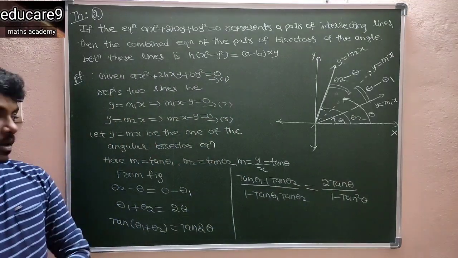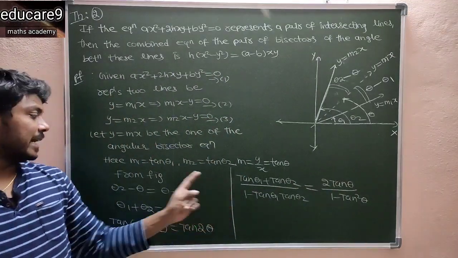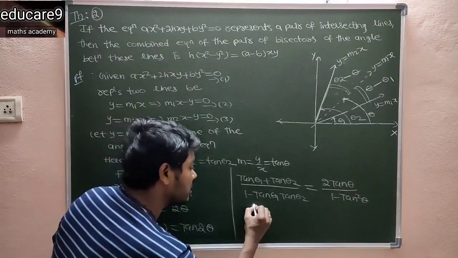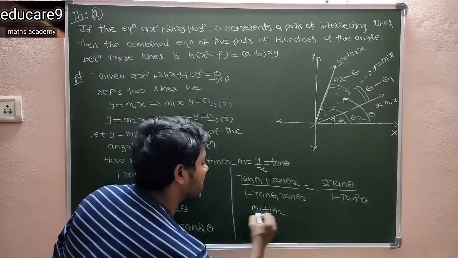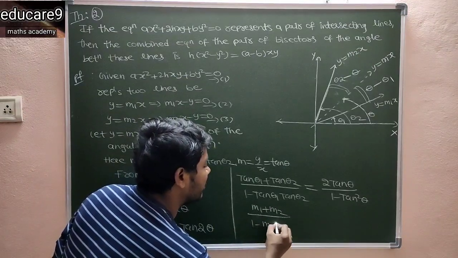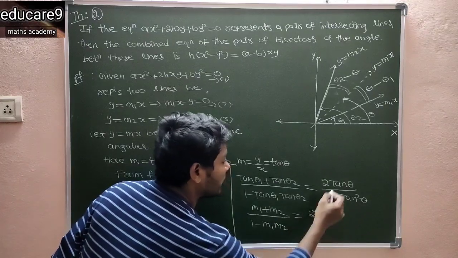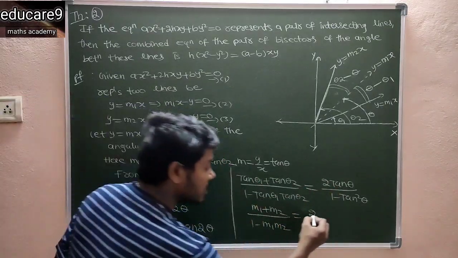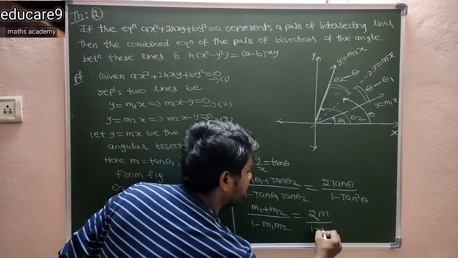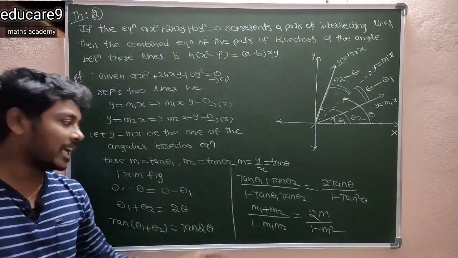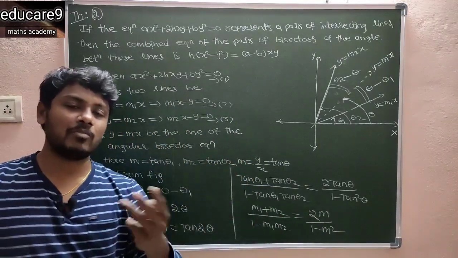Now here, what is tan theta 1? m1. So therefore this is m1 plus m2 by 1 minus m1 m2 is equal to 2 into what is tan theta? m. So 2m by 1 minus m square. So clearly m1 plus m2 denotes the sum of the slopes.